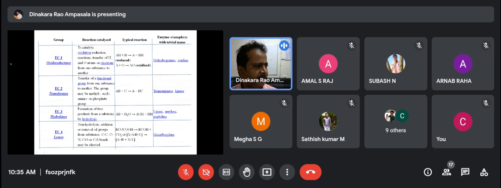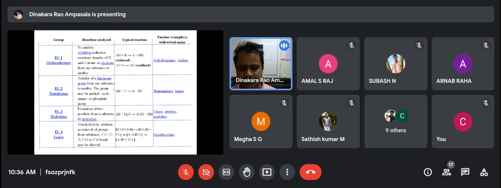For example, all oxidation and reduction reactions are placed under one group. All types of oxidation which remove or accept electrons, remove or accept protons, all these oxidation and reduction reactions are placed in this group, called oxidoreductases. The second one is transferases.